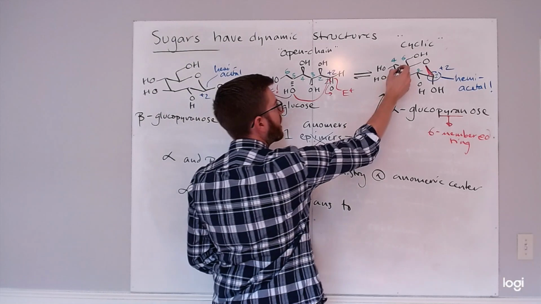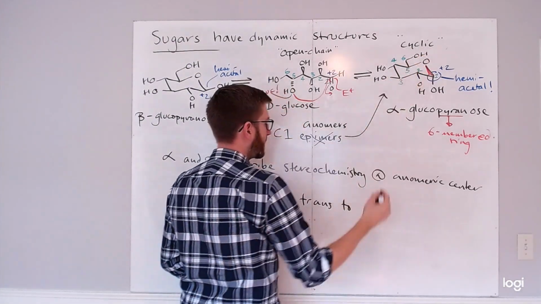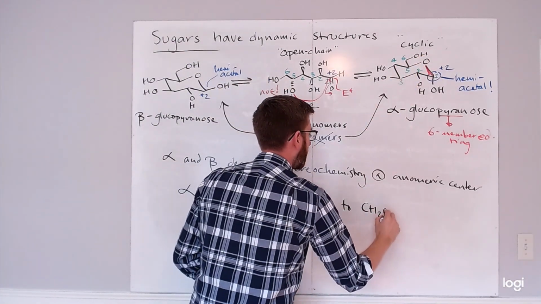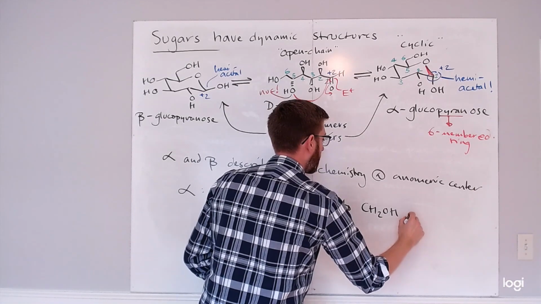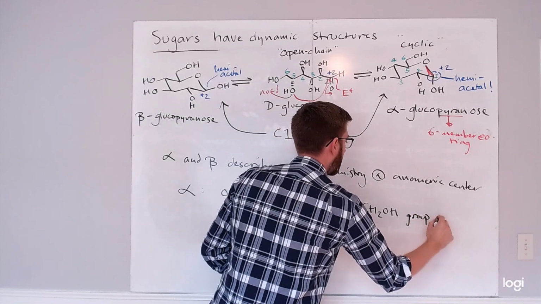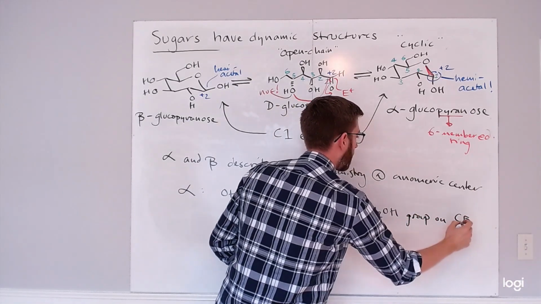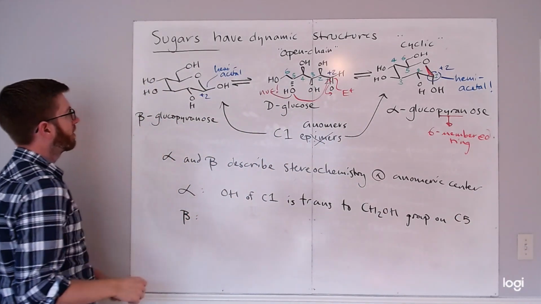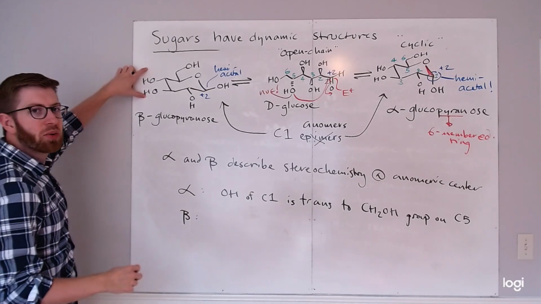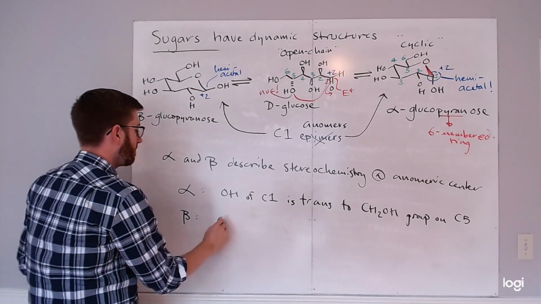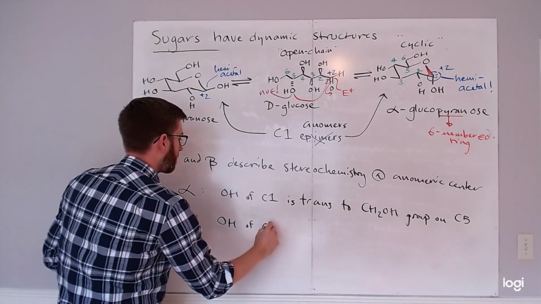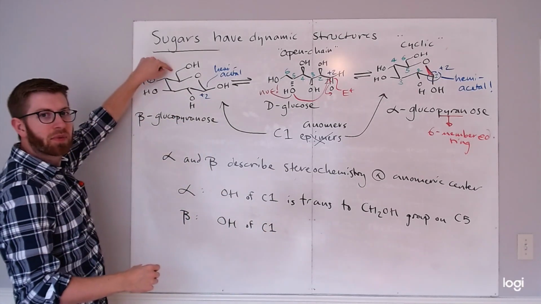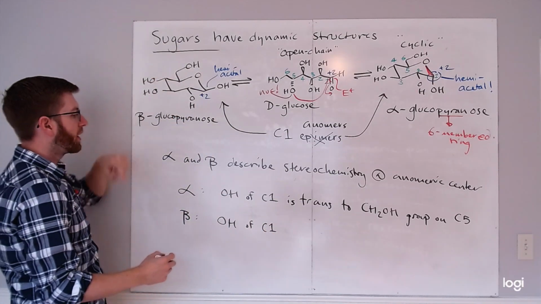to the CH2OH group on C5. Alternatively, beta, if we look at this structure, must be the situation where the OH group on C1 is cis to the CH2OH group of C5.